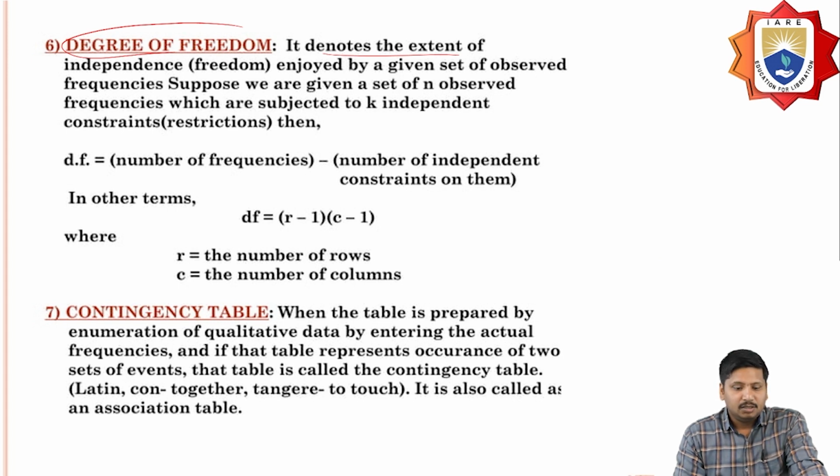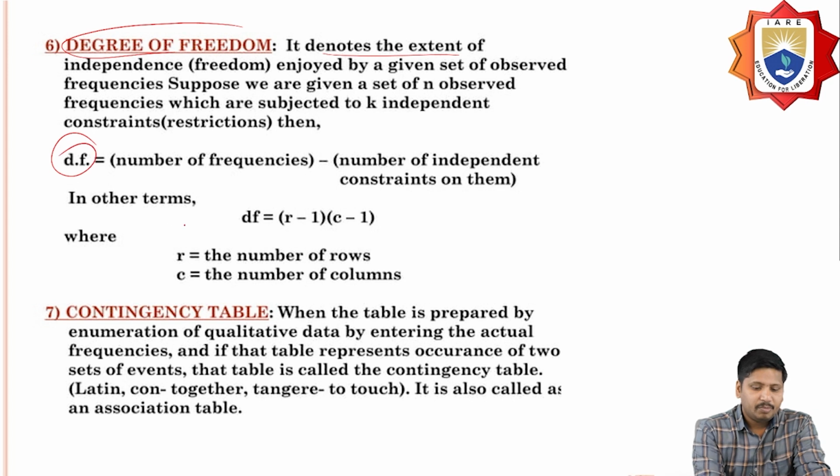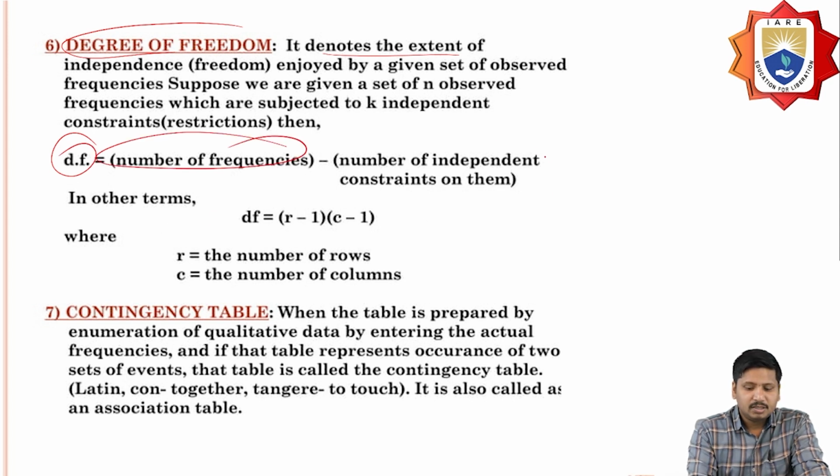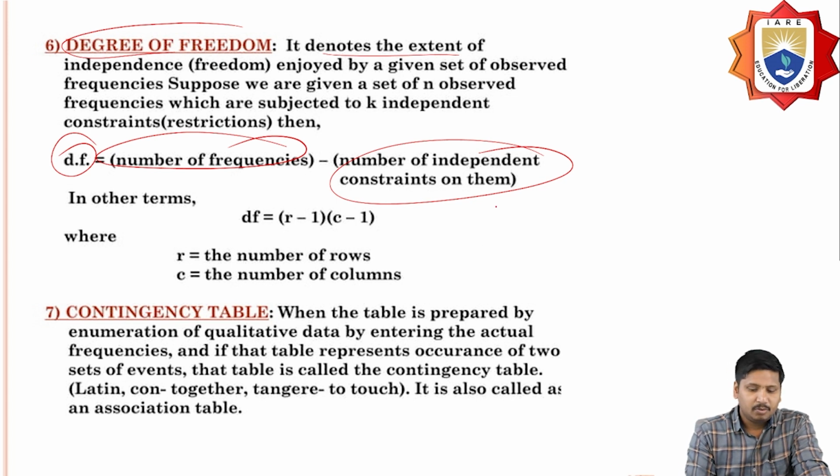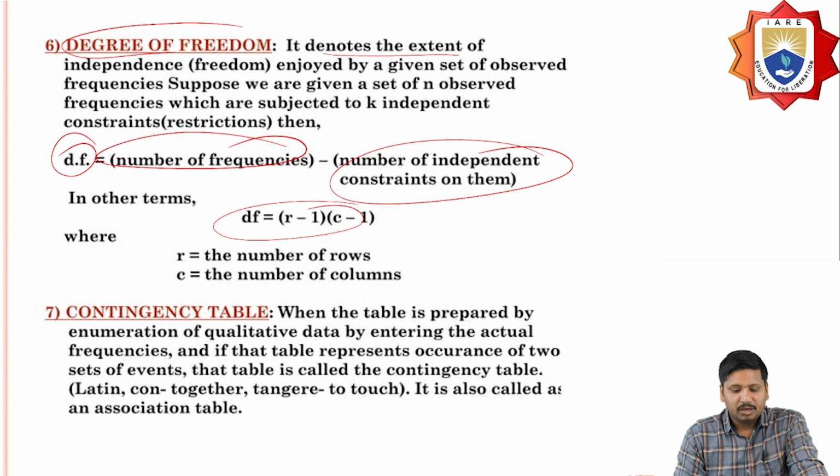Degrees of freedom can be defined as the number of frequencies minus the number of independent constraints on them. In other terms, degrees of freedom is equal to (r minus 1) into (c minus 1), where r is the number of rows and c is the number of columns.